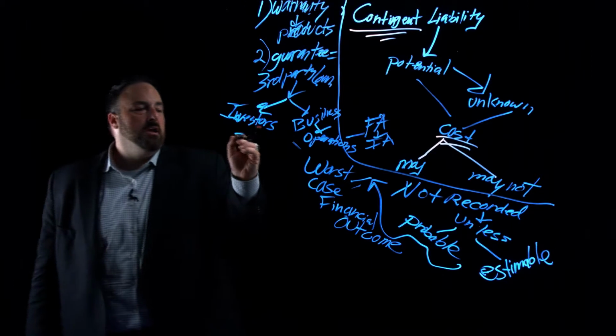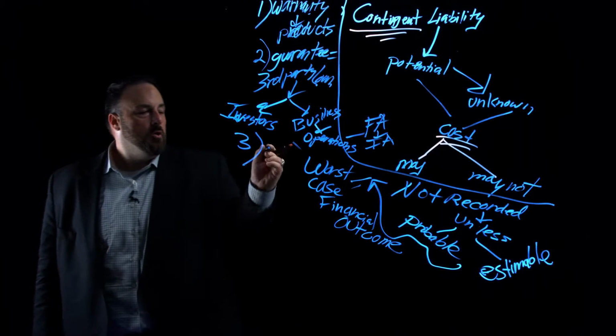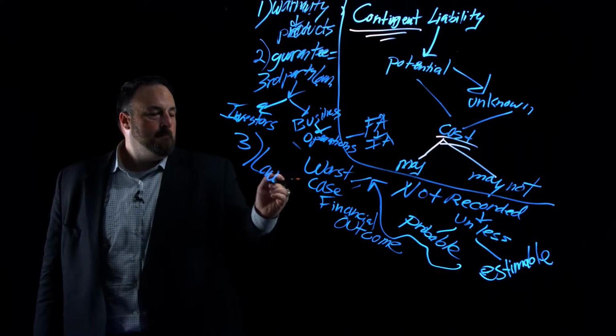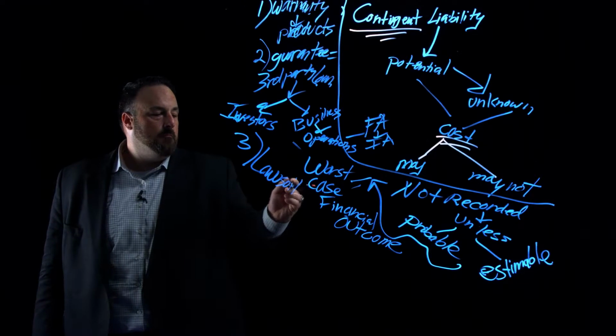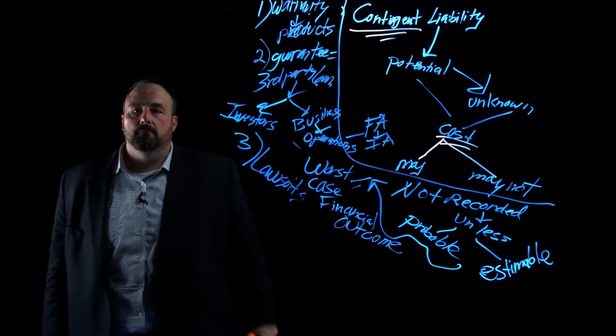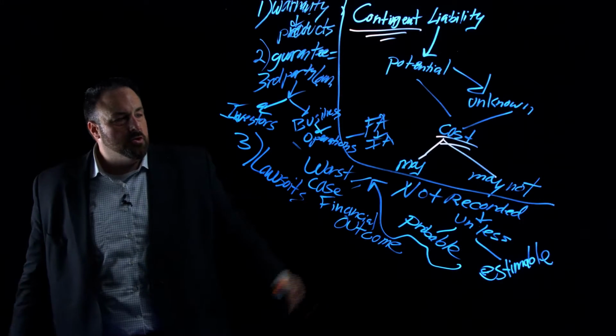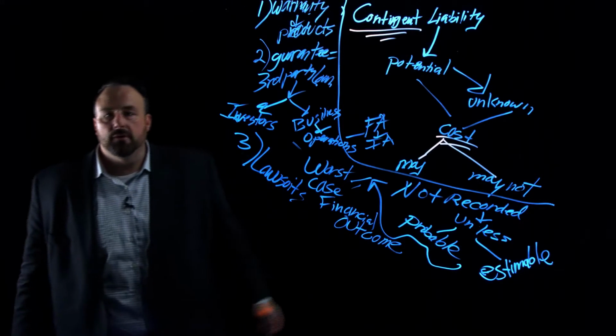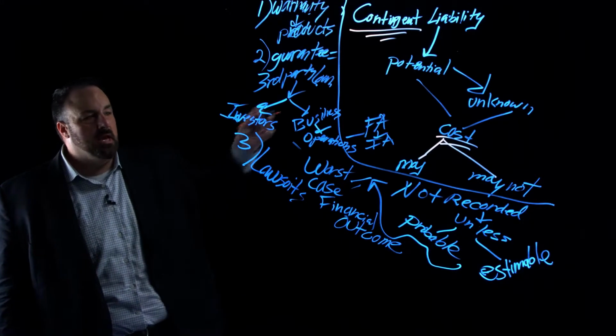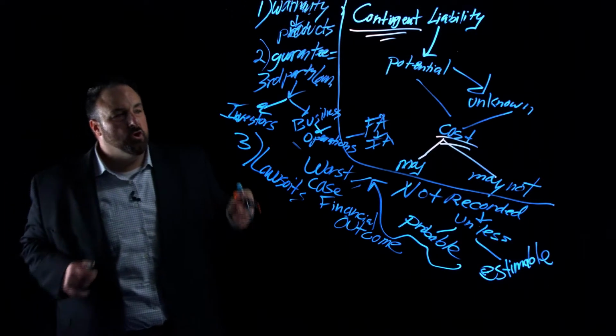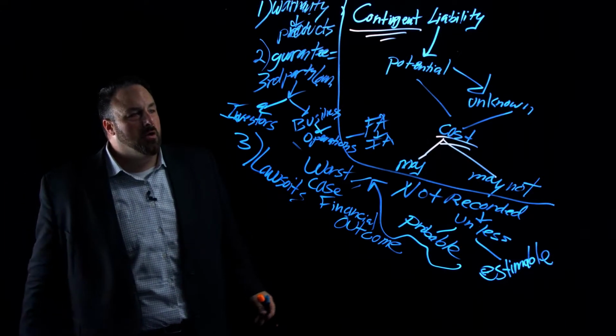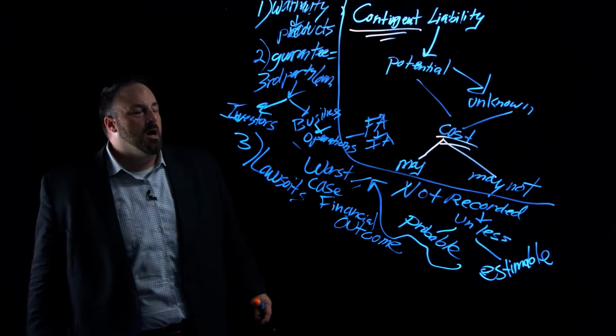Okay, and number three, lawsuits. Lawsuits happen all the time. Businesses expect them, corporations even more so. Things happen in the workplace, and things happen with products. There are so many different types of lawsuits that could occur, and you hear about them every day.